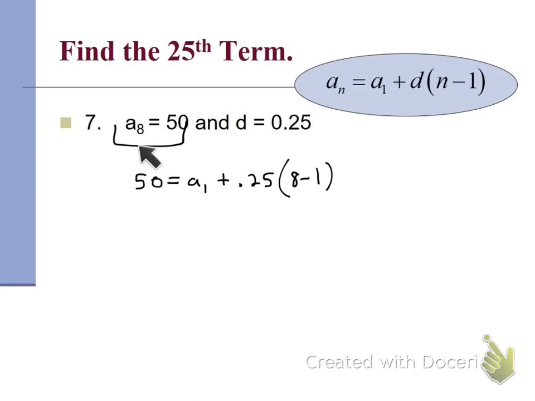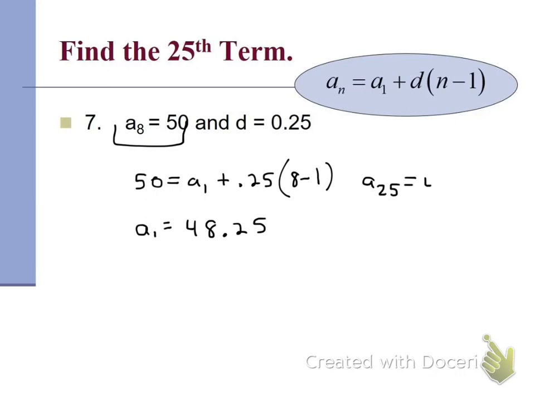Because here's your n right here, guys. So basically, 0.25 times 7, which is 1.75. Subtract that from 50. So my first term is 48.25.